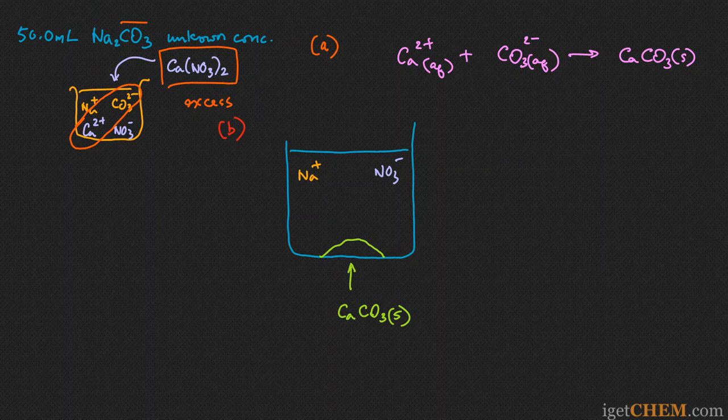So at the end you will have an excess of the calcium 2+ that does not completely precipitate out with the CO3 2- ions, because CO3 2- in this equation is the limiting reagent, and that limits the amount of the calcium carbonate that you are going to be forming.